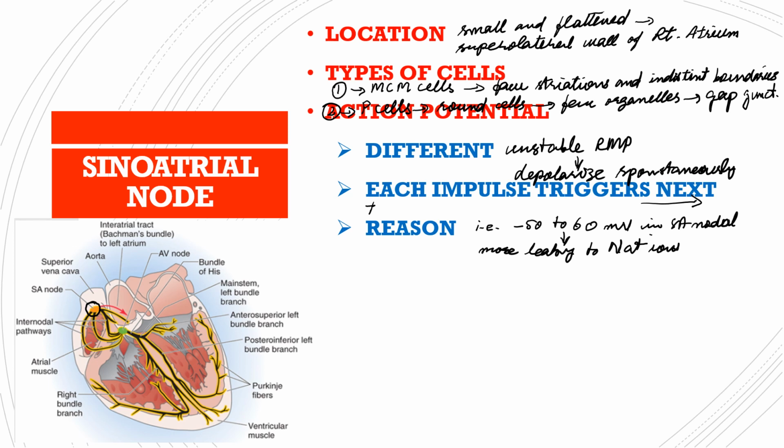Due to more leakiness to sodium ions, the depolarization in the SA node starts slowly and the threshold point is reached slowly.